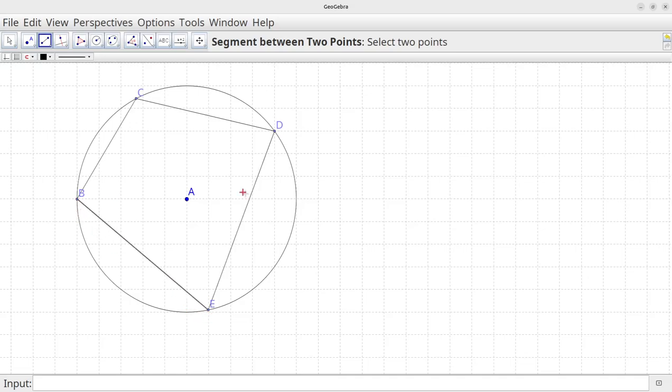Now this is our cyclic quadrilateral. Now angle C, it's opposite to angle E. So if we add those two angles, we are expecting to get 180 degrees from the theorem.